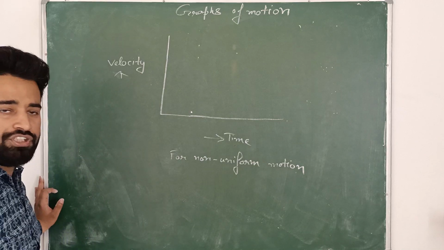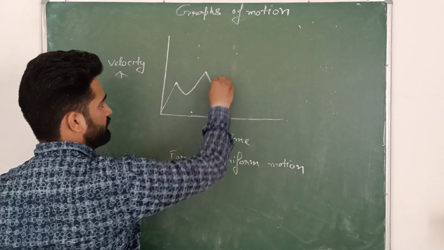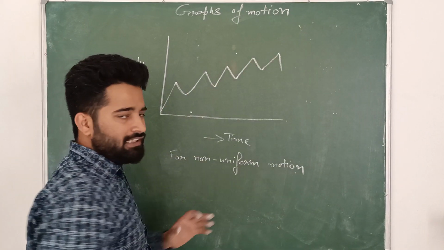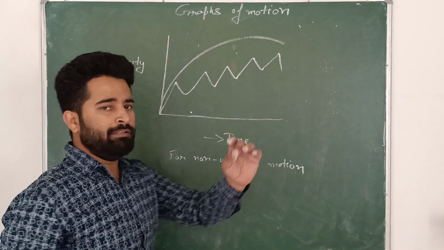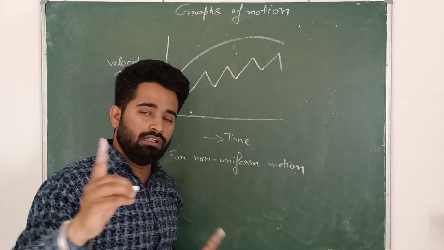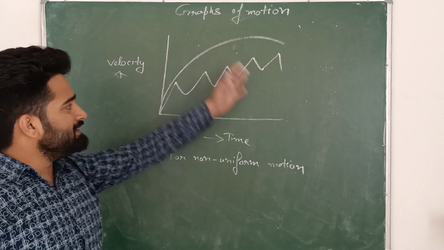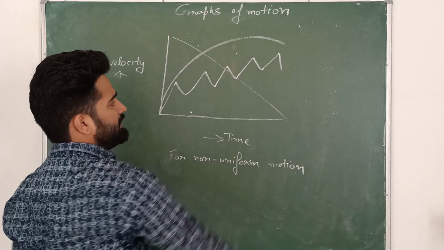For non-uniform motion, this graph can be of any shape. It can be a zigzag path, it can be curved, it can be of any shape. But you have to make only one shape in your notebook. You can make a zigzag, or you can make this shape.